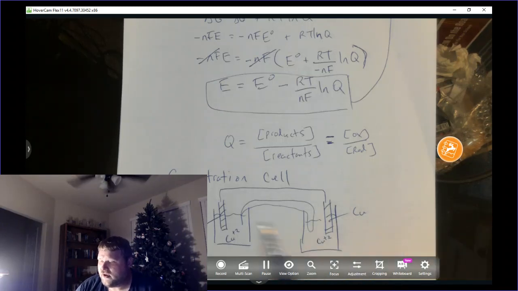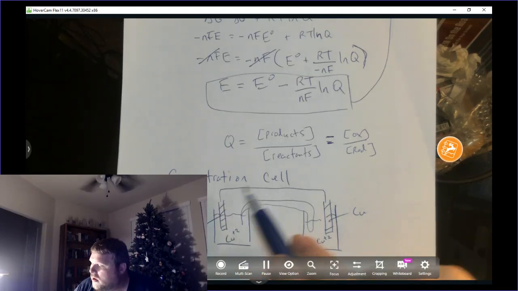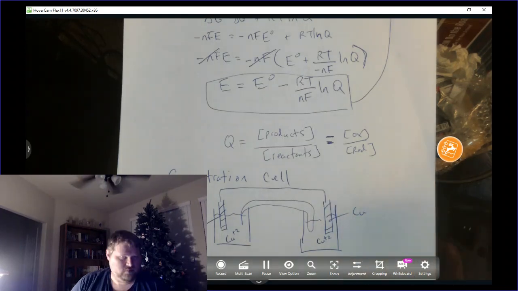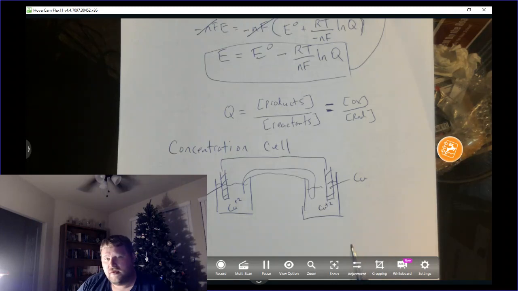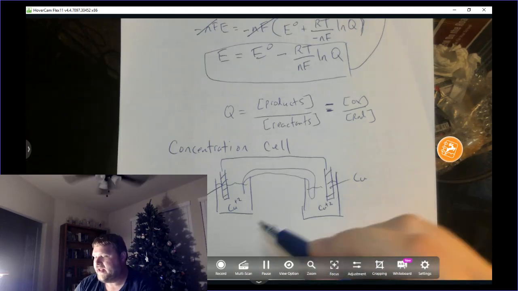Nothing's going to happen. Electrons are not going to flow from copper to copper.